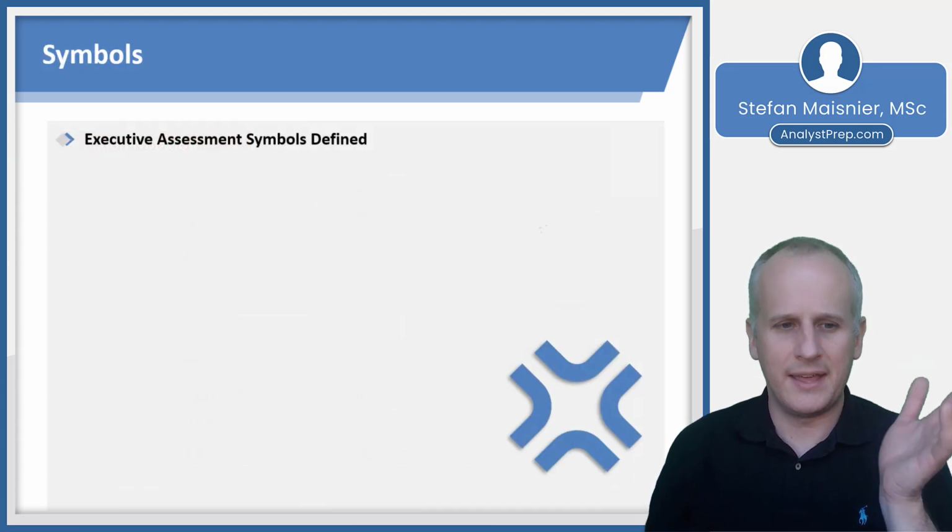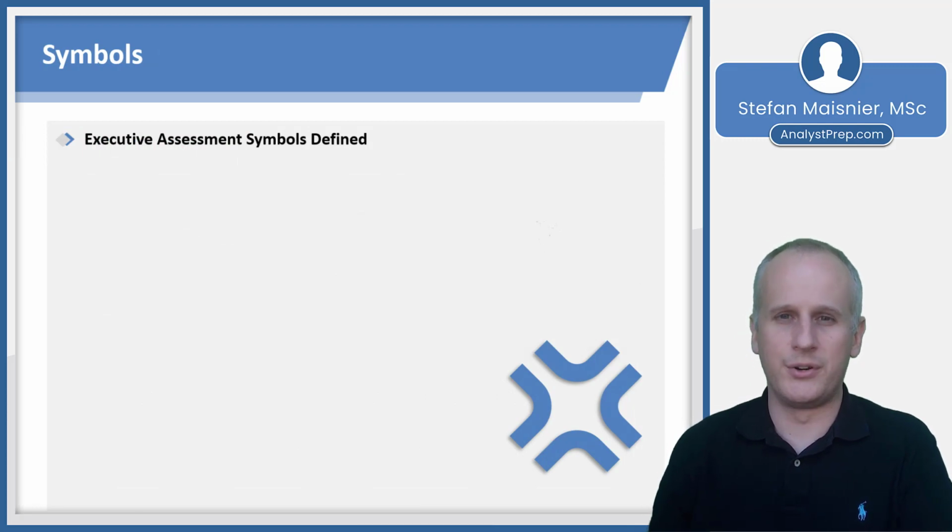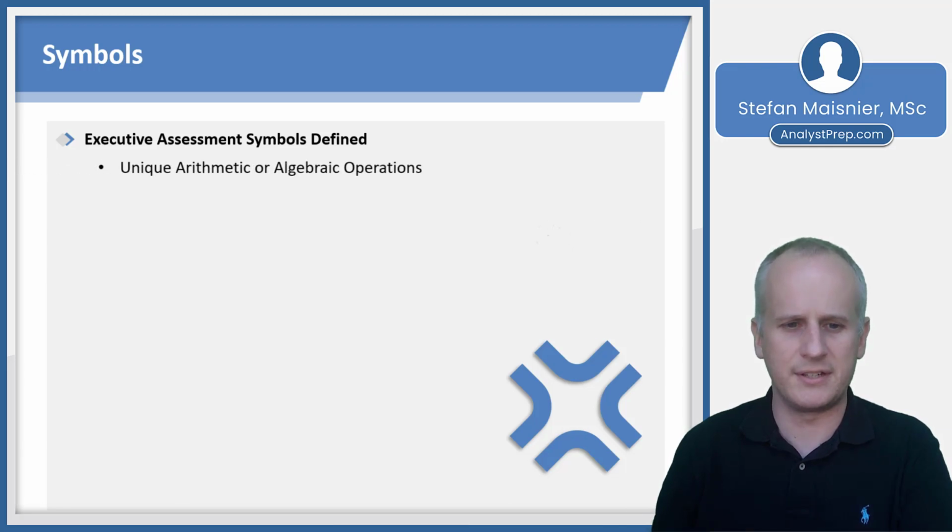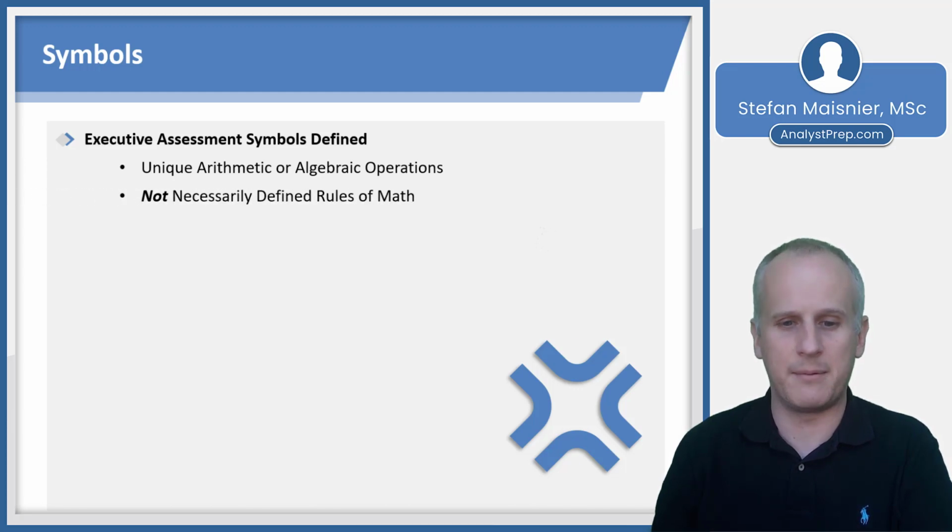Now, then we talk about symbols, and these weird symbols are certainly one of the things that most flummoxes students at the outset. But the first thing to recognize is that these just represent arithmetic or algebraic operations that are defined by the exam. They are not necessarily defined rules of math.